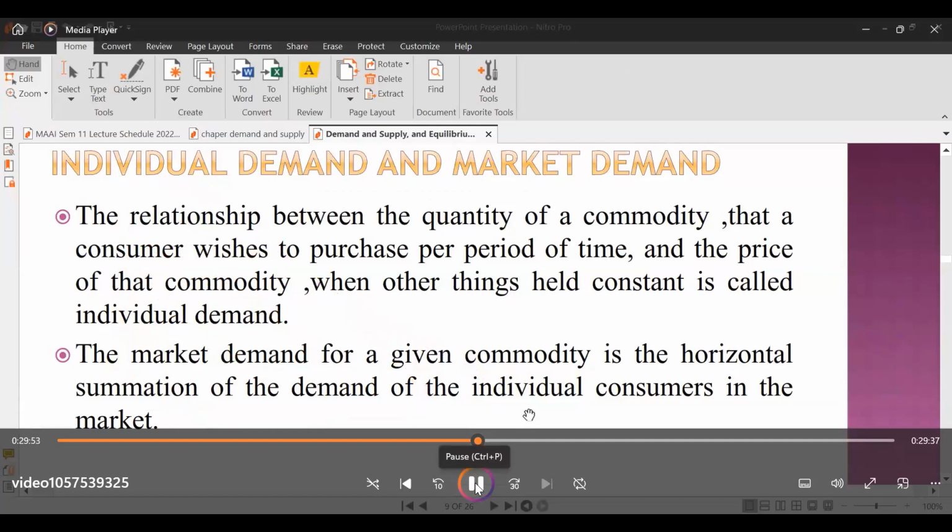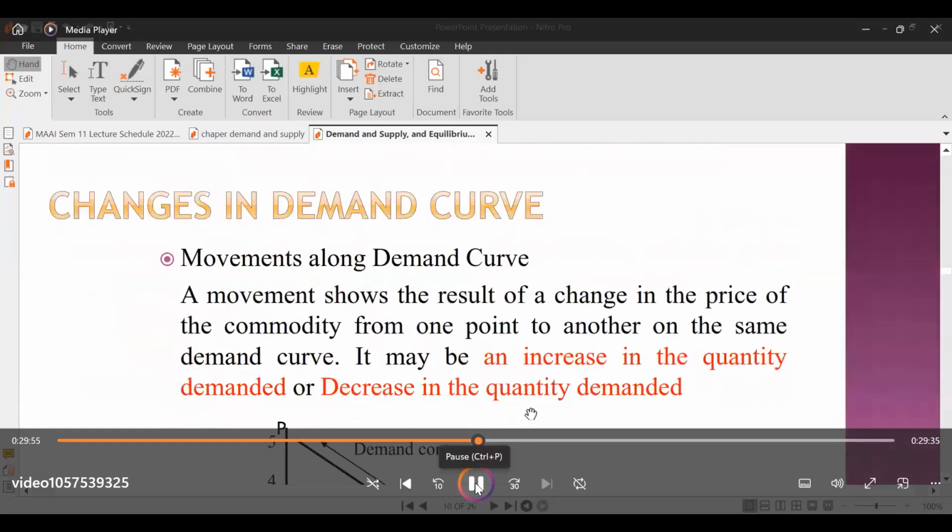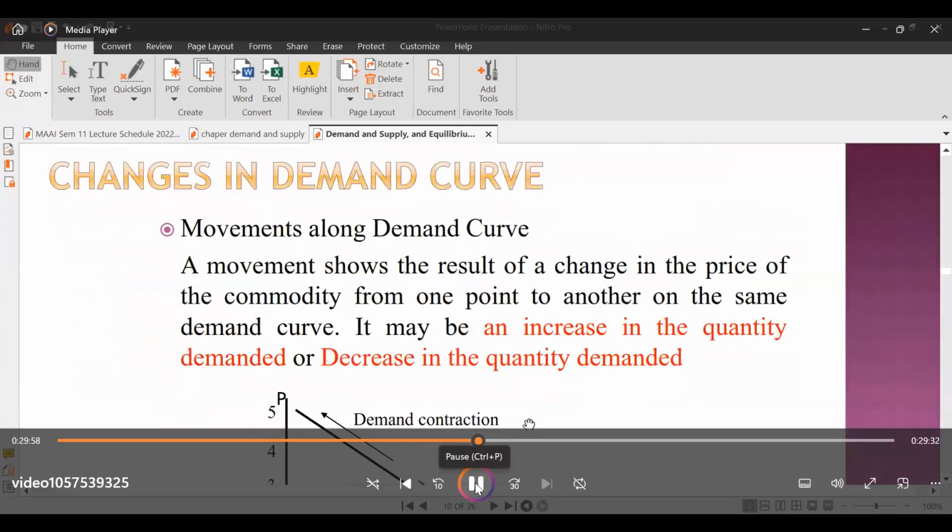Then let's consider another concept with regard to demand. When we are demanding a commodity, the price of the commodity will act as the main or the important determinant.